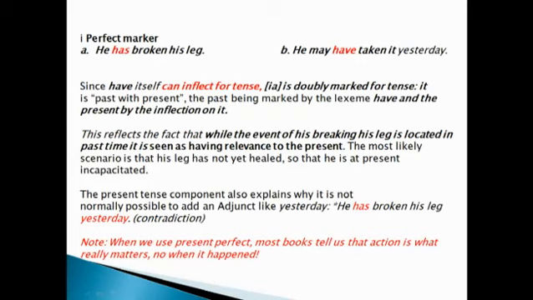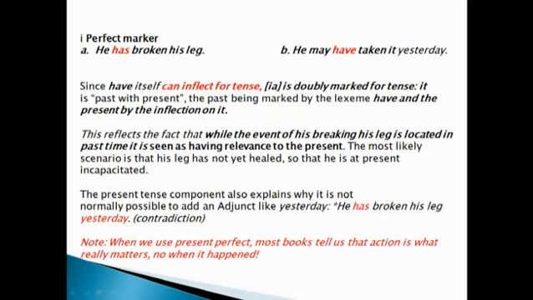Since have itself can inflect for tense, 1a, he has broken his leg, is doubly marked for tense. It is past with present, the past being marked by the lexeme have, and the present by the inflection on it. He has broken his leg. So have here is an auxiliary, but agreeing with he.